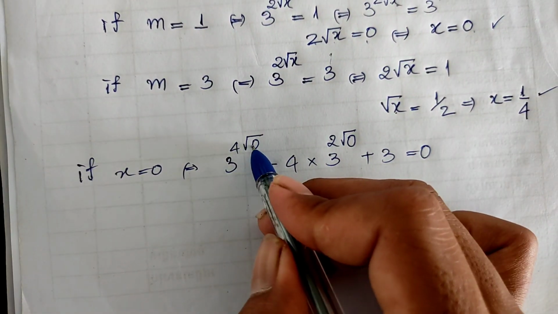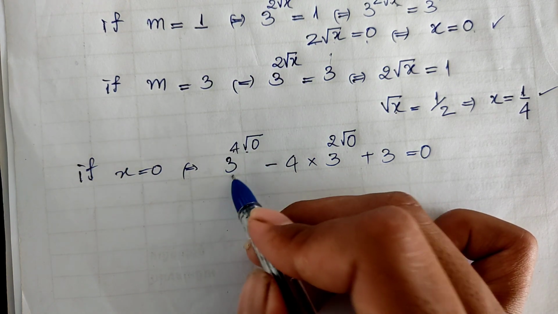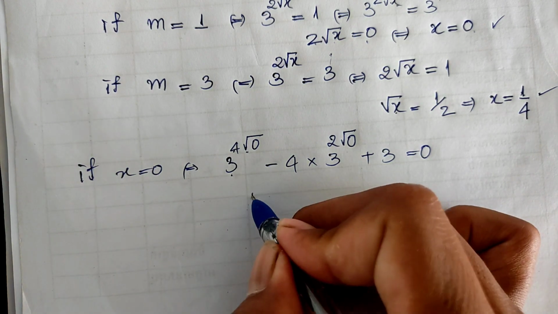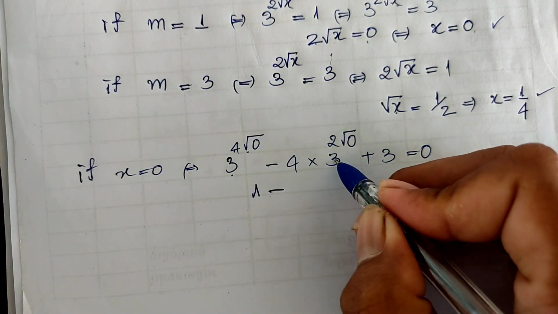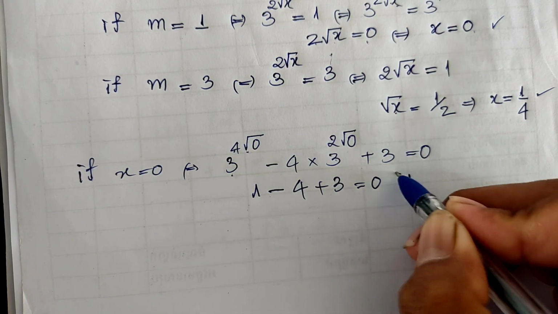We see square root 0 equals 0, and 0 multiply 4 equals 0. So 3 power 0 is equal to 1, and this is 1 minus 4 plus 3 equals 0. It's true.